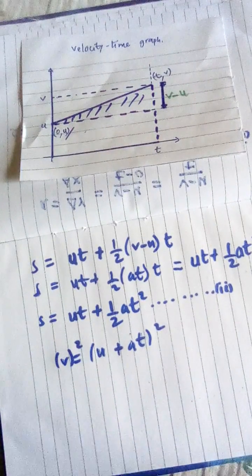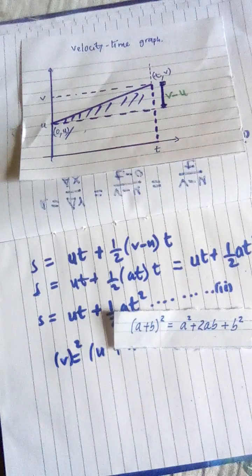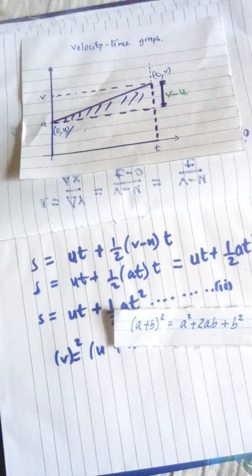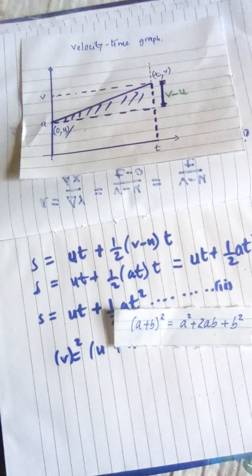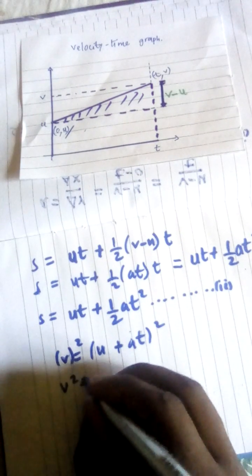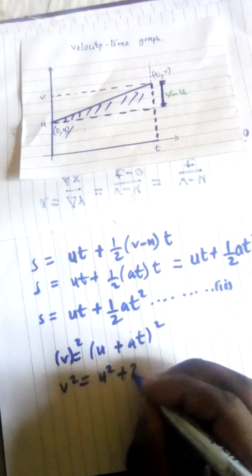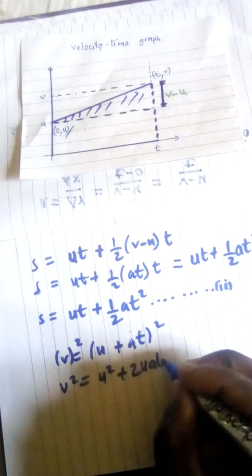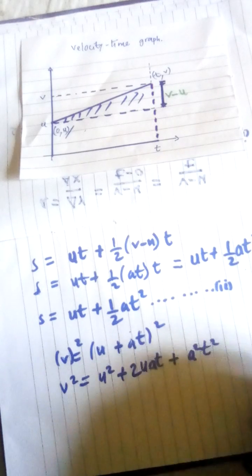Using your knowledge of quadratic identities, you can do this pretty easily. As I've told you, you combine your mathematics and physics knowledge, since you need a lot of mathematics for physics. So basically this is v squared is equal to u squared plus 2 times u times at, so 2uat, then plus a squared t squared.